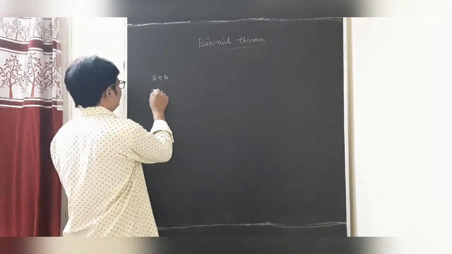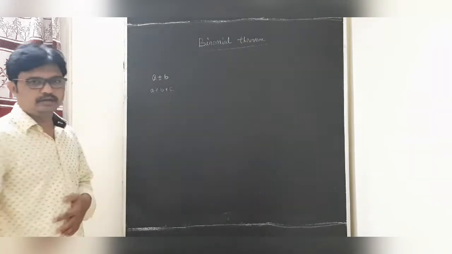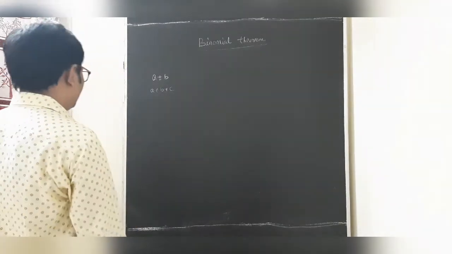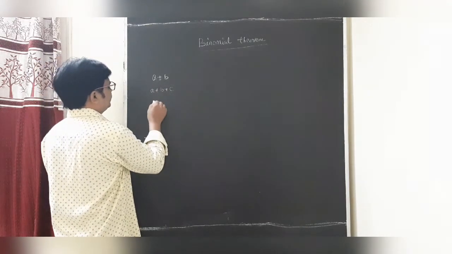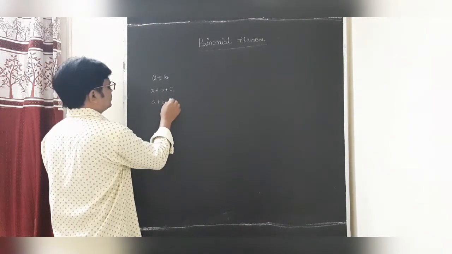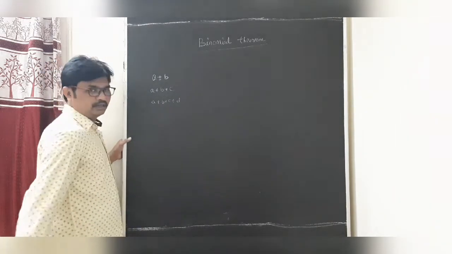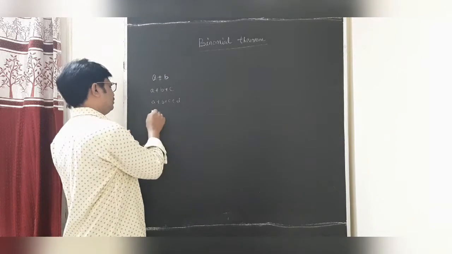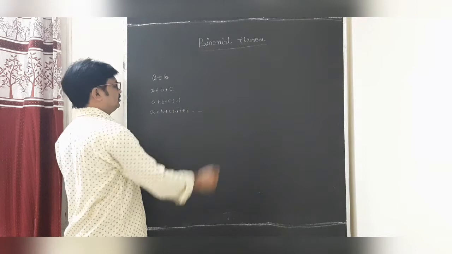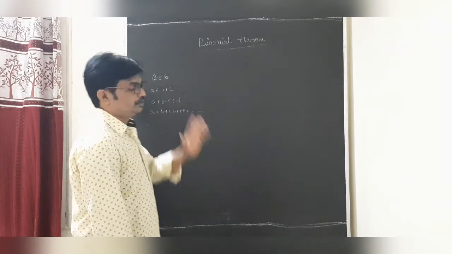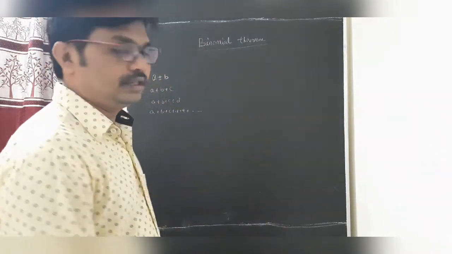At the same time, a plus b plus c is called a trinomial. Then a plus b plus c plus d is a quadrinomial, a polynomial having 4 terms. Similarly, a plus b plus c plus d plus e and so on are all called polynomials. In this topic we are going to discuss only the binomial.